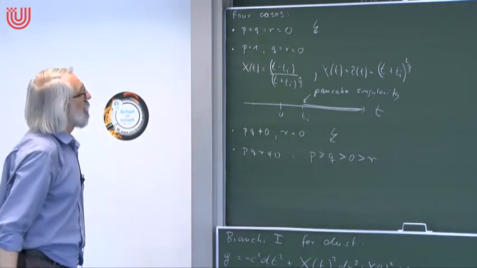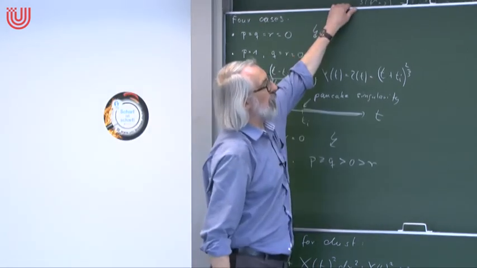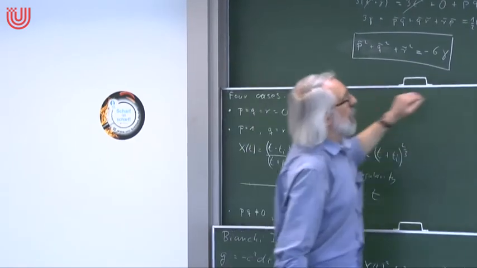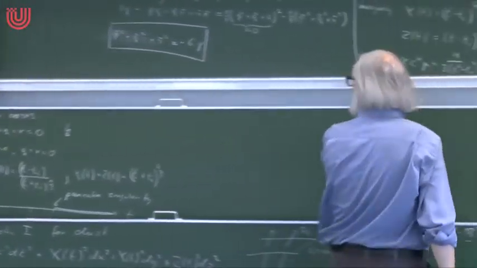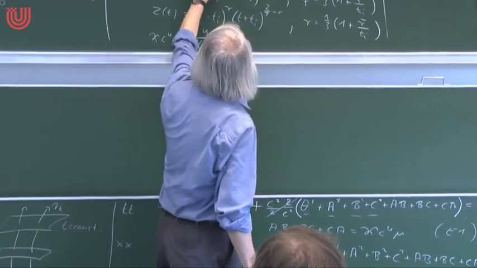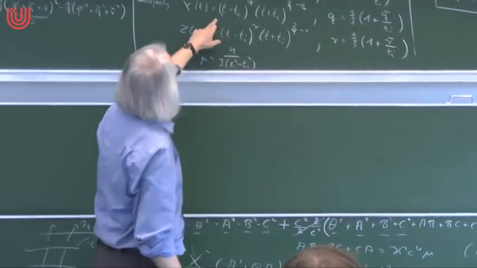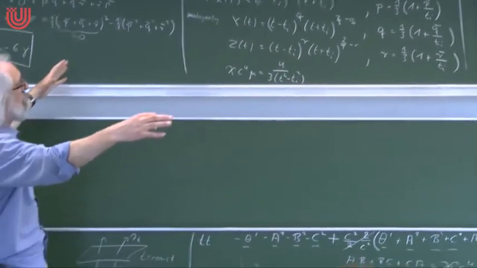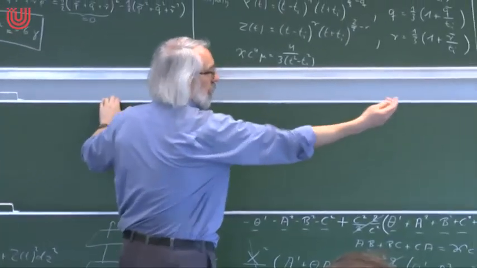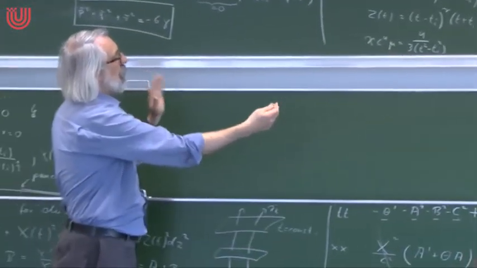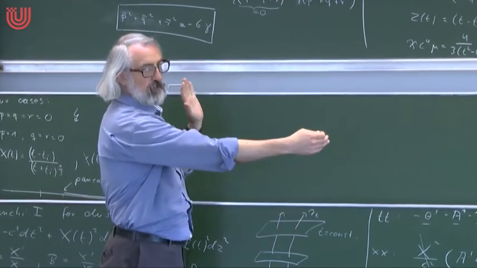What does that mean? This means that if we look again at x, y, and z, well, this is harmless. If P and Q are positive, this means if I come from positive times and approach ti, then the x and the y dimension shrink to 0.